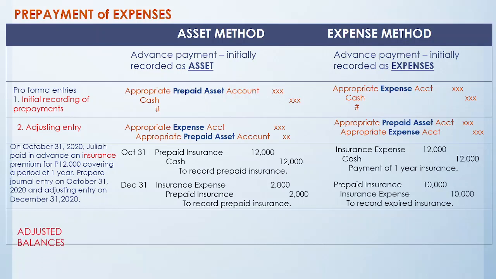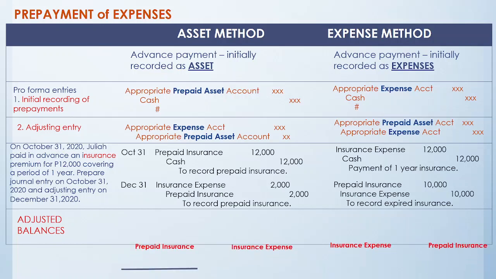Okay. Now, let me show you the adjusted balance using both the asset and expense method. Let me prepare for you a T account because we are going to post in our T account our entries made on October 31 and on December 31, 2020.